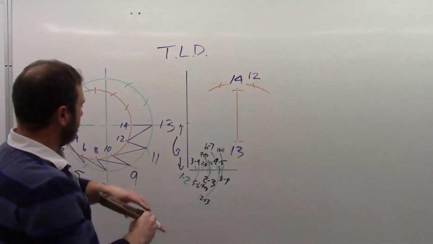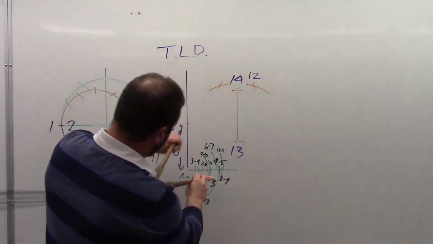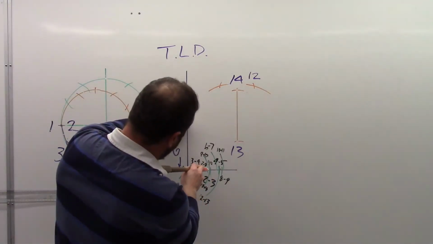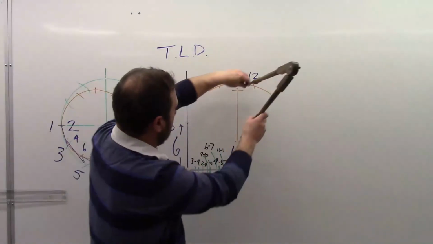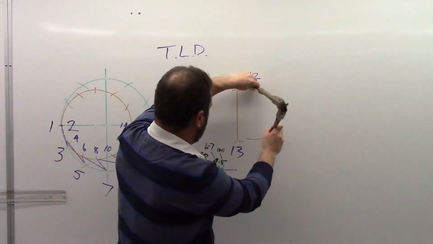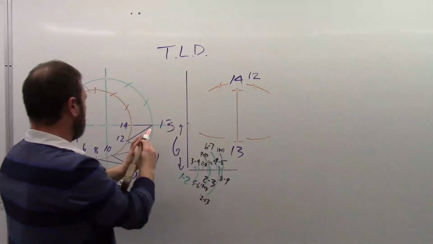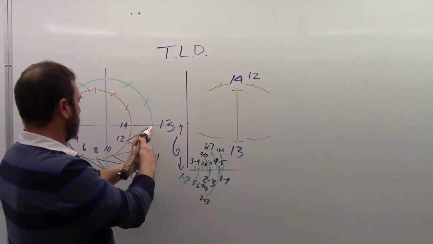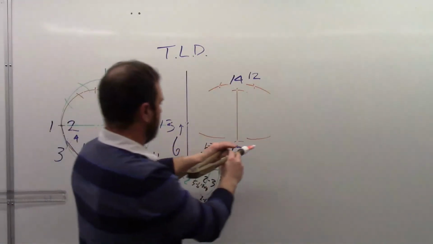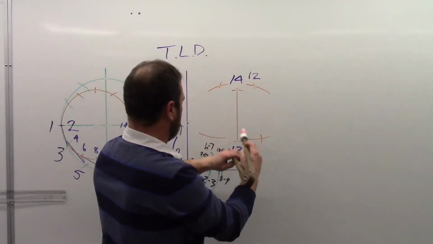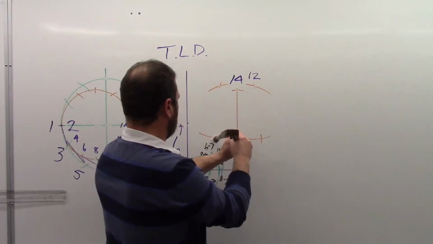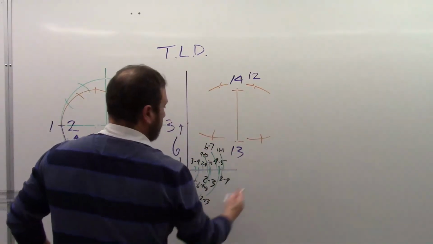True length 12, 11. There it is there. And we're coming down this way. Again, both sides. Large step off. 11.